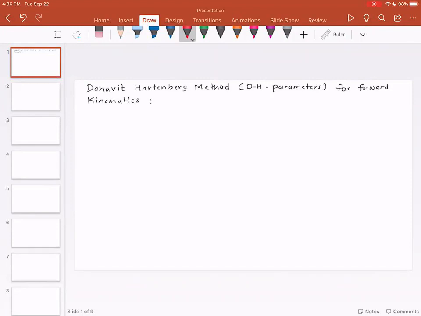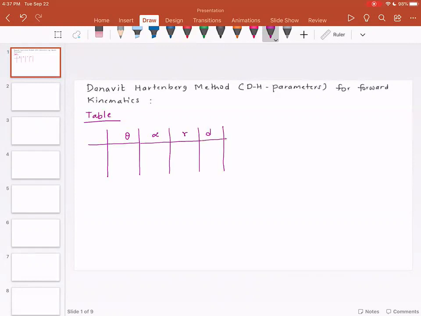So in this Denavit-Hartenberg parameters method or DH technique, we create a table. This table has 4 parameters. One is theta, second one is alpha, then you have r, and you have d. And then this table has rows, and the number of rows is equal to the number of joints plus the end effector. So for example, there will be row 1.